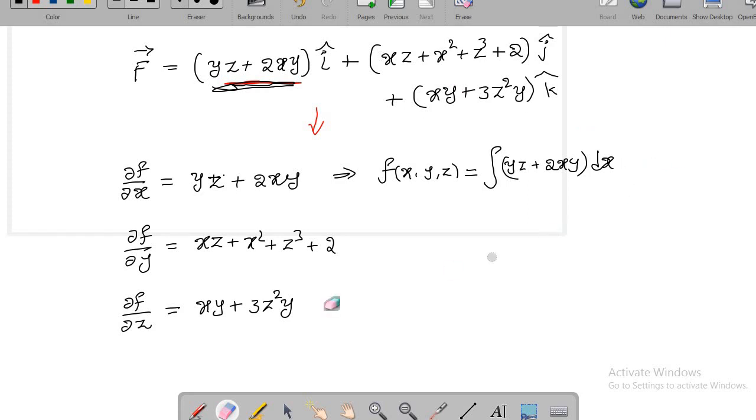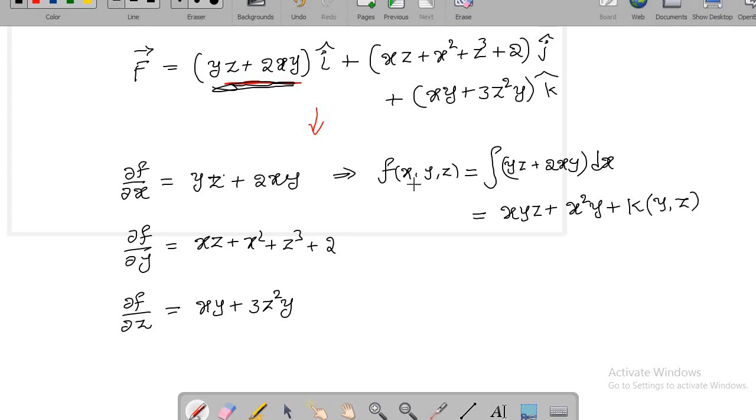This is equal to xyz plus x square into y, plus a constant. Here, the integration constant is a function of y comma z.